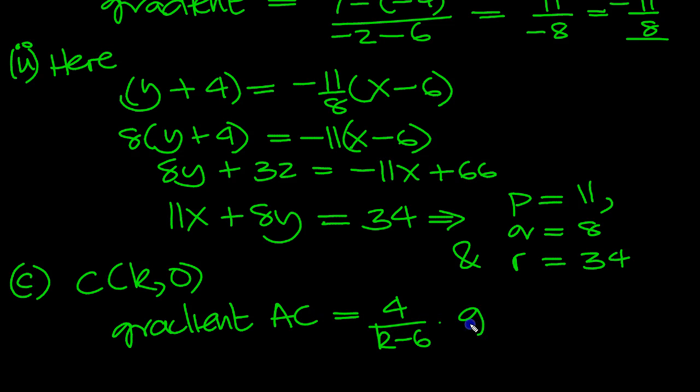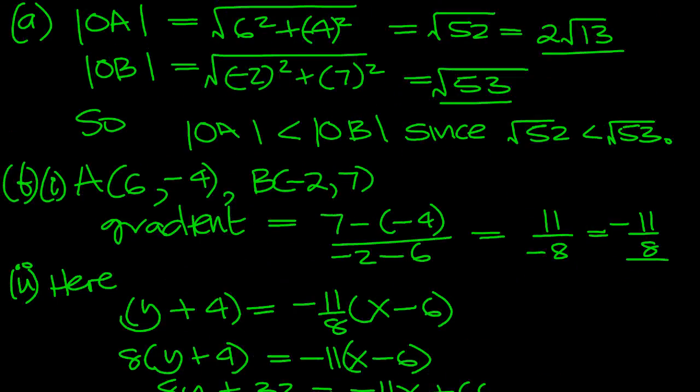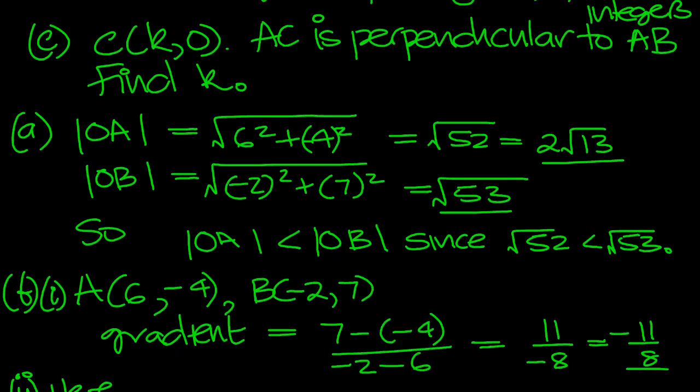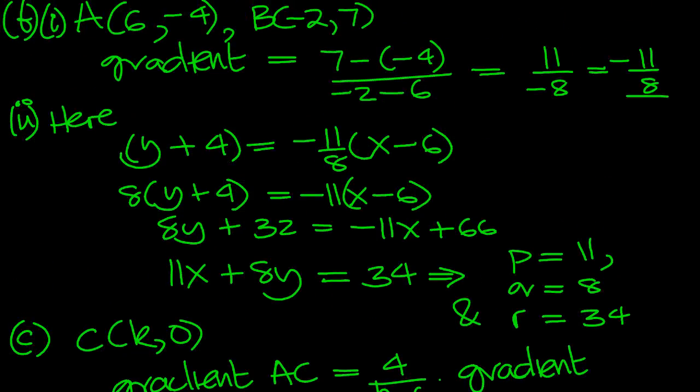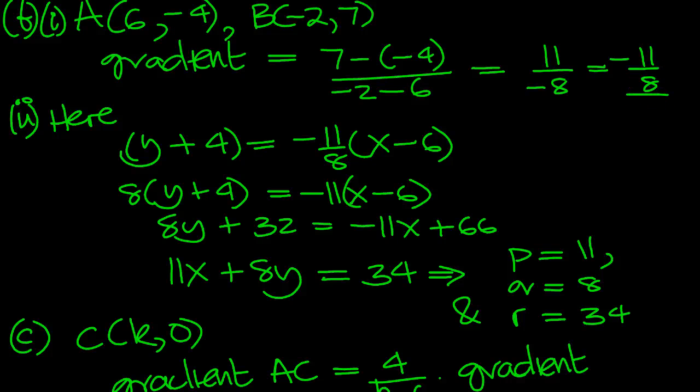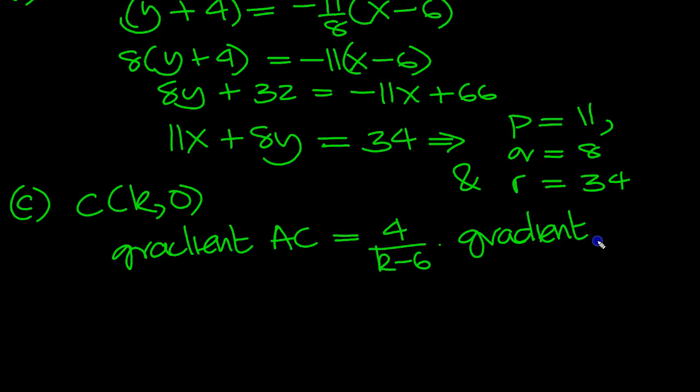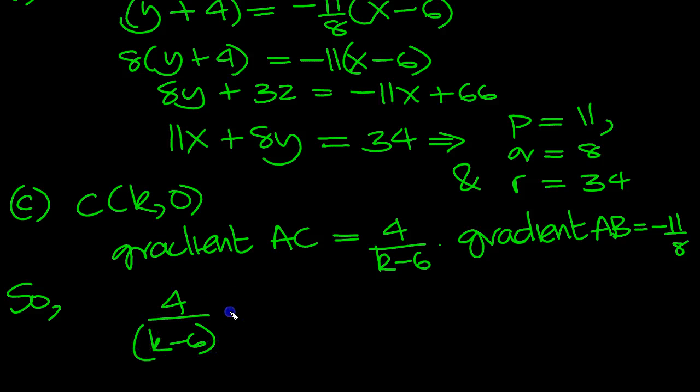And now the gradient of, now what was the other gradient in the question? AB, gradient AB, and they're perpendicular. So the gradient AB, which we had from here, is minus 11/8. And these two gradients are perpendicular, so their product must be minus 1, mustn't it?